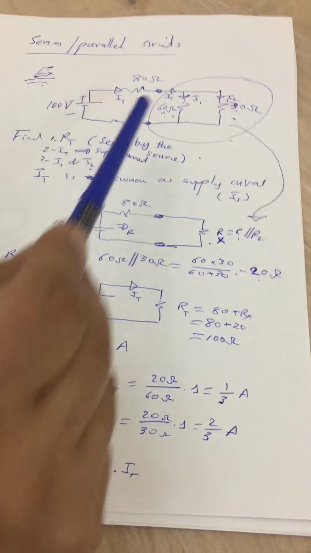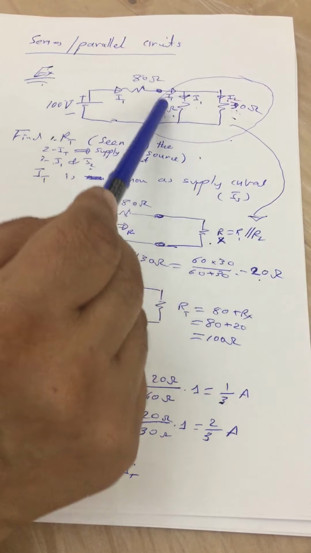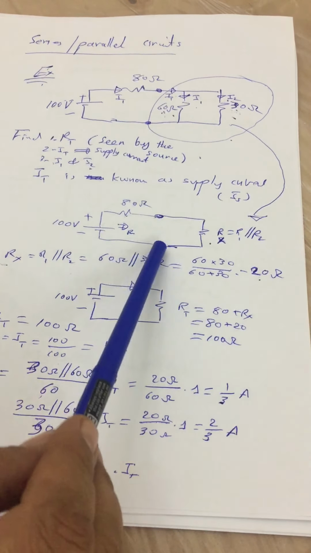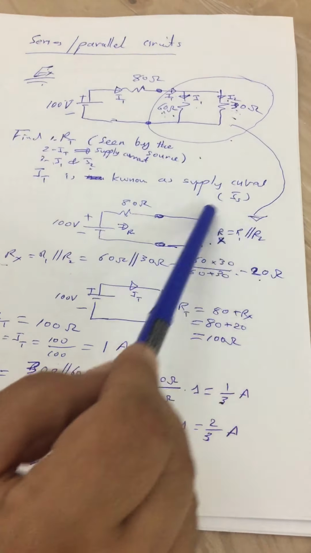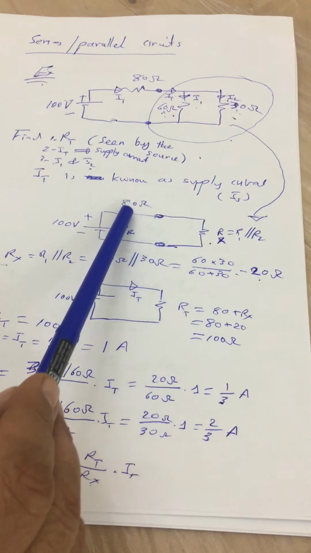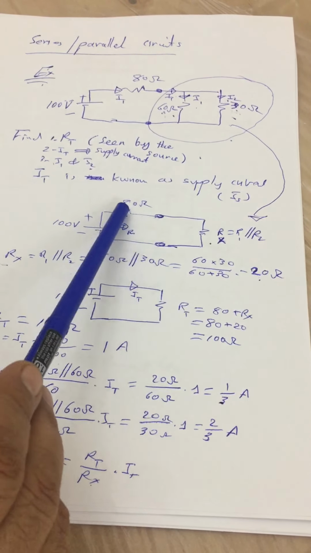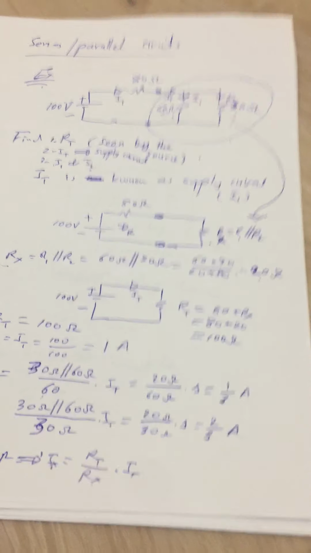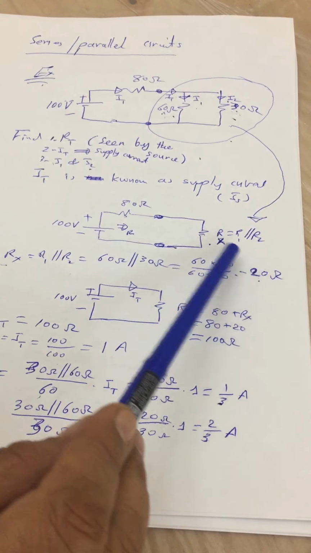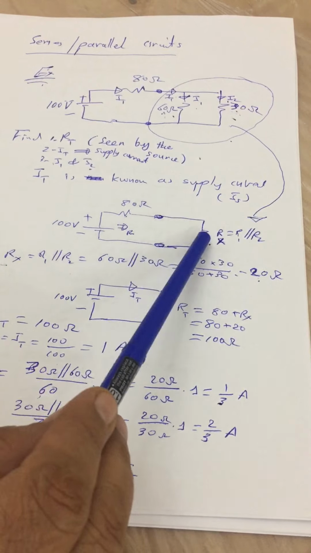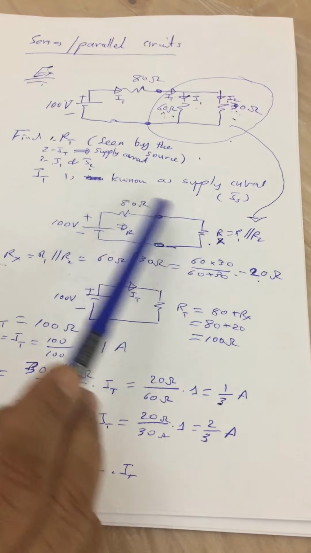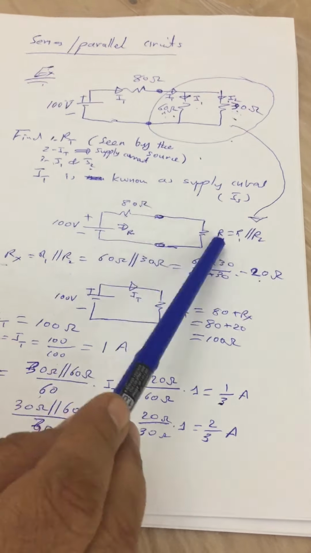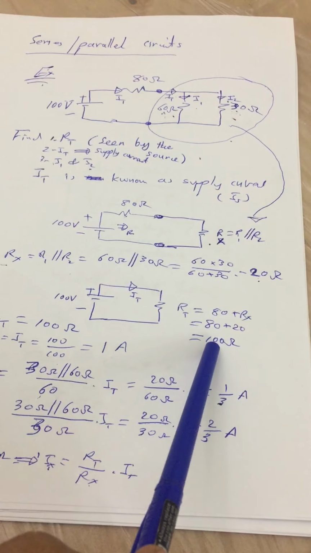Then these are the same two nodes here, so this represents Rx, which is connected to the source through an 80 ohm resistor. So Rx, which we calculated as 20 ohms, and the 80 are in series. We add them: 20 plus 80 gives you 100.